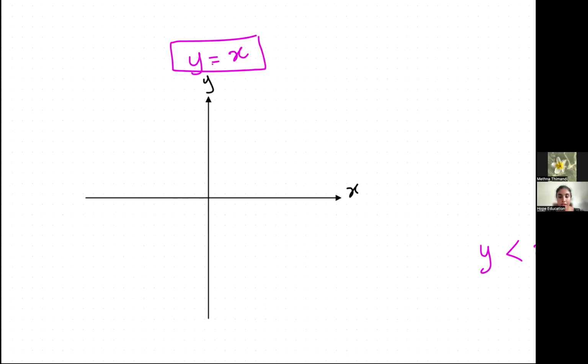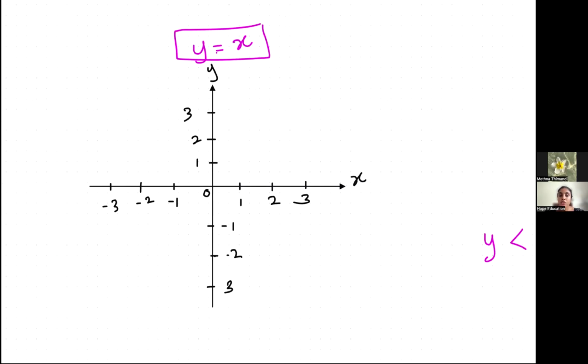This is the 0 point here. 1, 2, 3. Here also 1, 2, 3. Then here -1, -2, and -3.